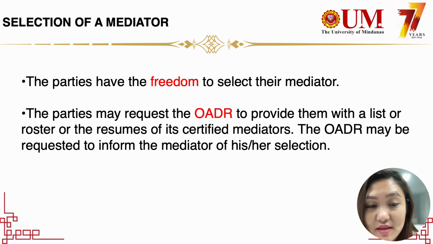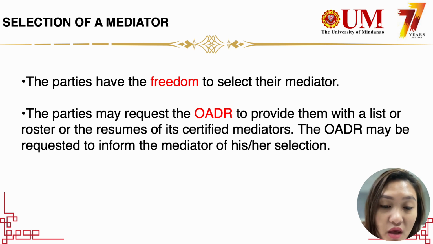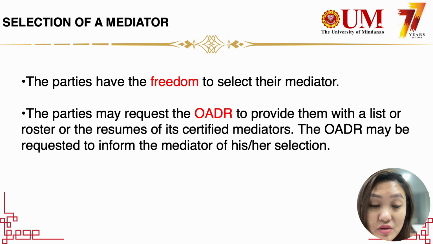So when it comes to the selection of a mediator, both parties have the freedom to select who they want. They can select from the roster coming from the OADR. The parties may request the OADR to provide them with a list or roster or the resumes of its certified mediators.